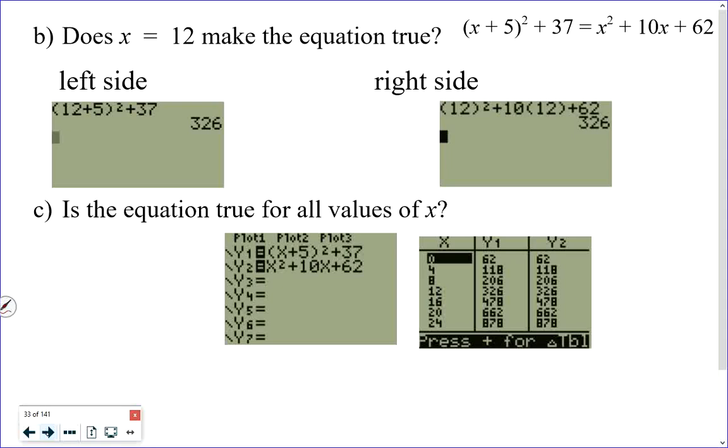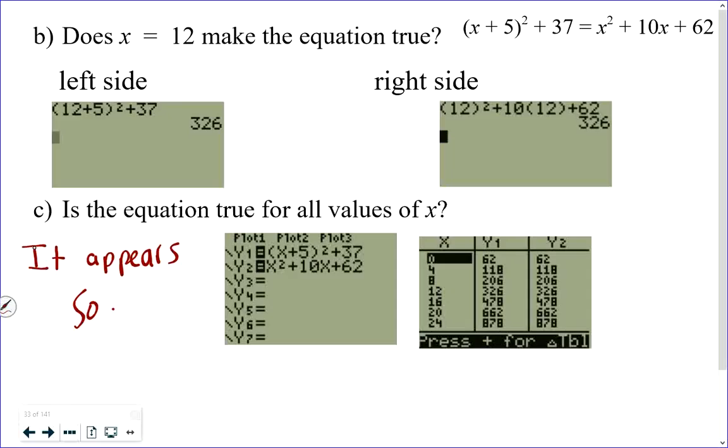But maybe if we scroll down enough in my tables, we'll find a value of x where they're not equal. So all I can tell you at this point is it appears to be true for all values of x.